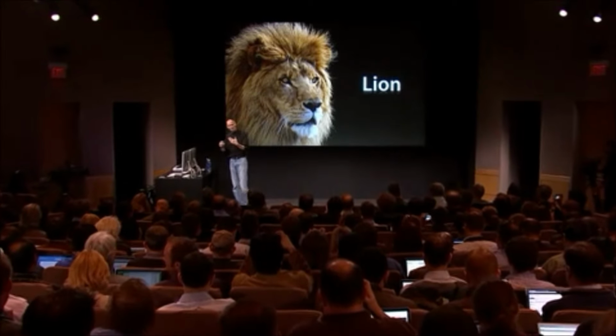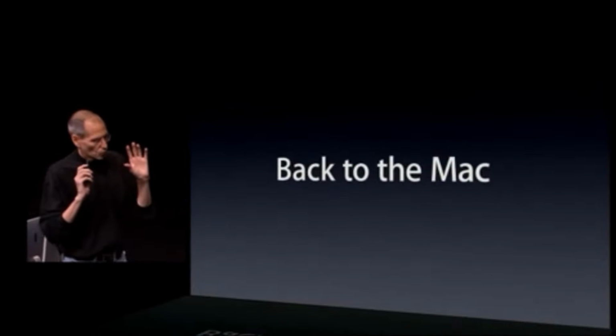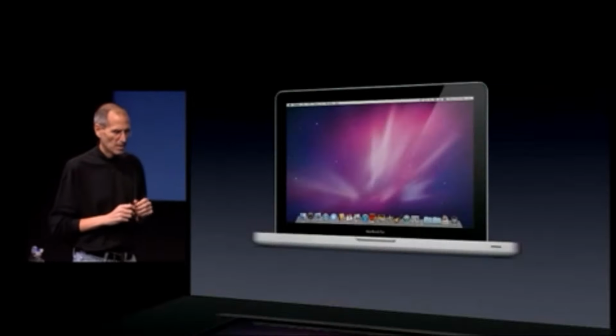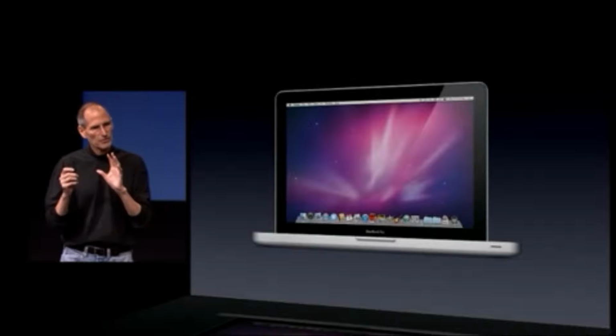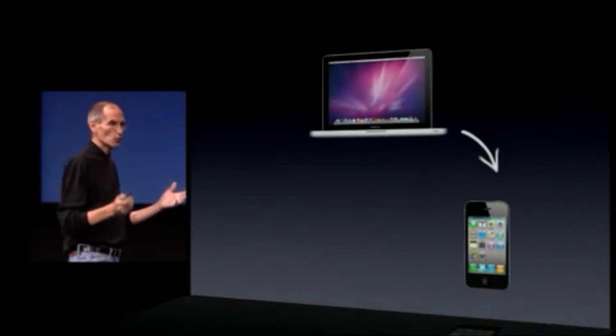What is the philosophy behind Mac OS X Lion? Well, that's where Back to the Mac comes from. What we've done is we've started with Mac OS X, and we created from it a version called iOS, which we used in the iPhone.